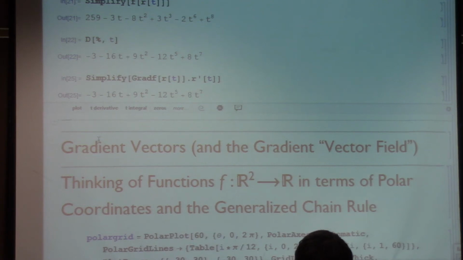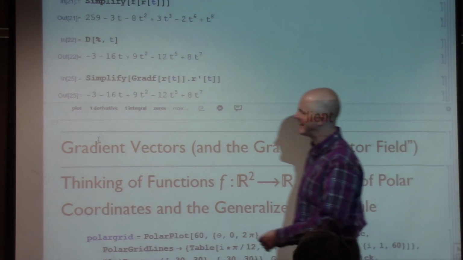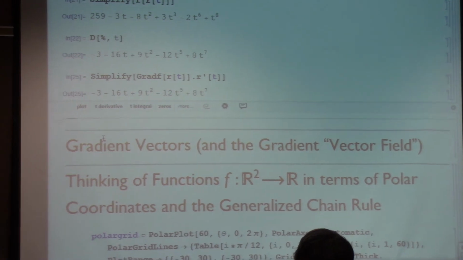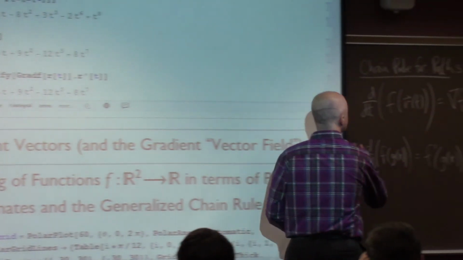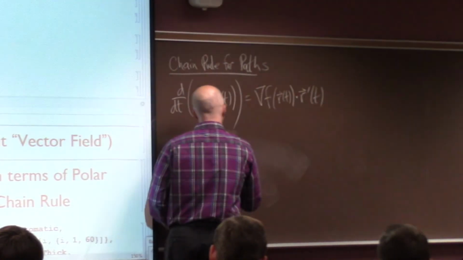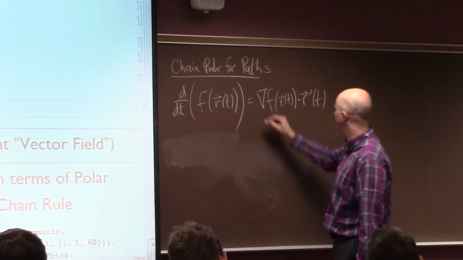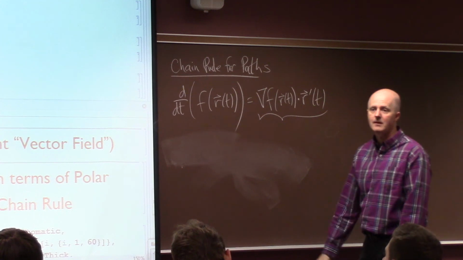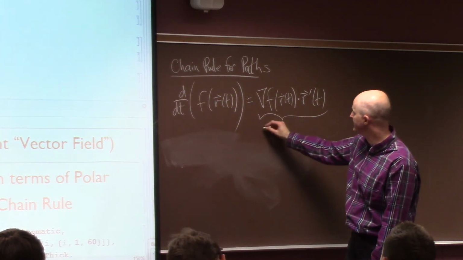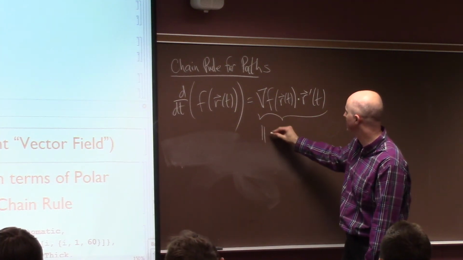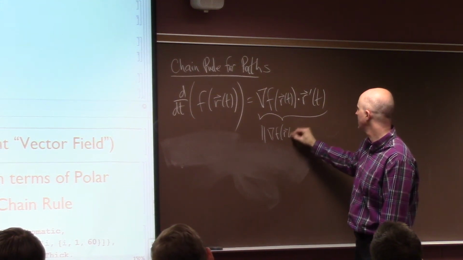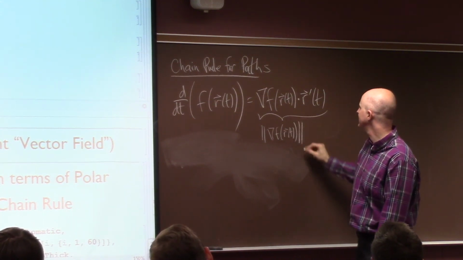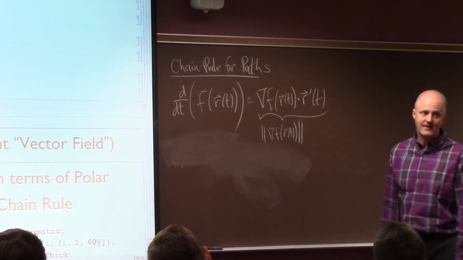What does it mean? Can it be understood in any other way? What does it mean geometrically is what I really mean here. Think about what we've talked about with dot products before. The dot product can be interpreted geometrically by realizing it also is equal to the length of the first vector, the gradient in this case, times the length of the second vector.